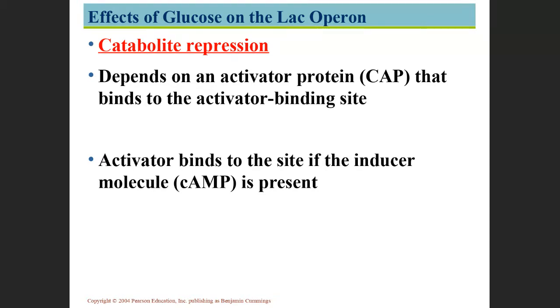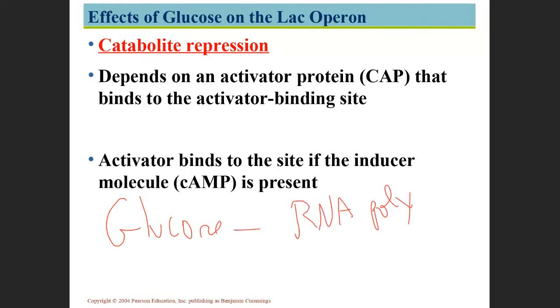So if glucose is present, RNA polymerase will not bind to the lac operon because glycolysis is removing a little molecule that's needed for RNA polymerase to bind to the promoter.